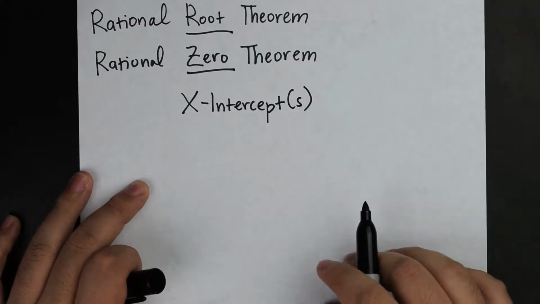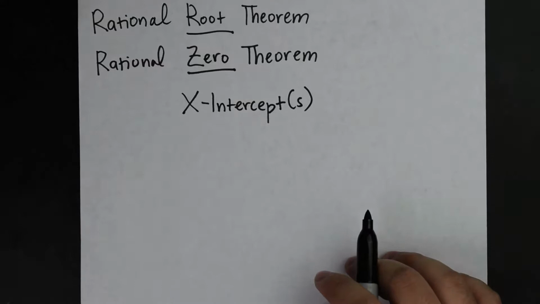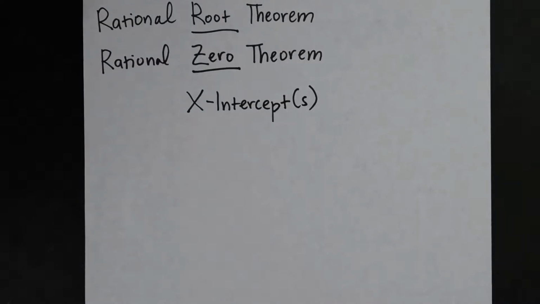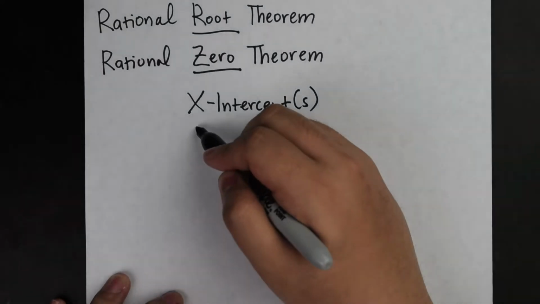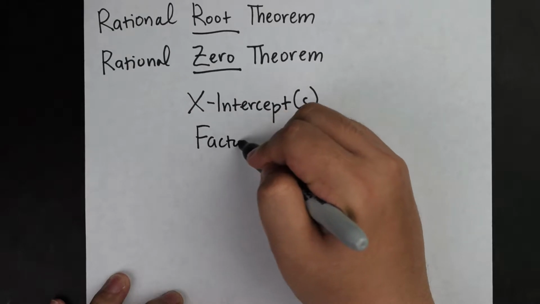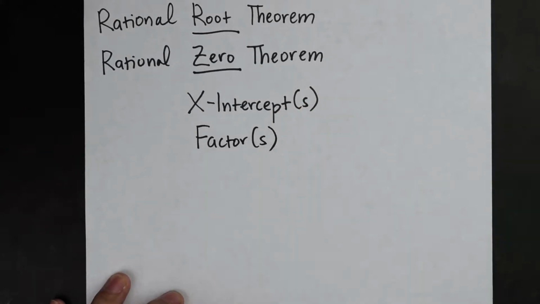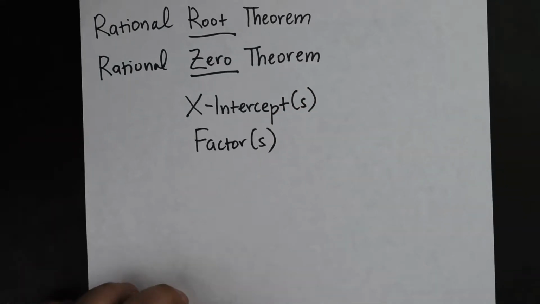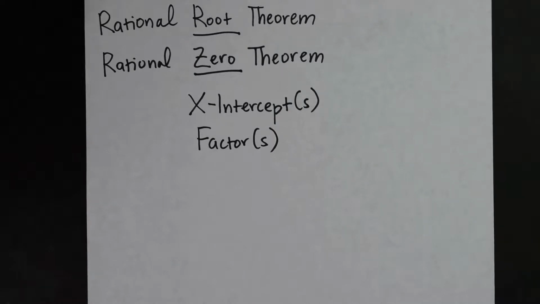Be aware that the end purpose of this theorem is to help us get the x-intercept, or sometimes even just the factor or factors, depending on how many there are in that question. These are just different terminologies for the exact same thing in the very end, and this could be found for any one of these possibilities.